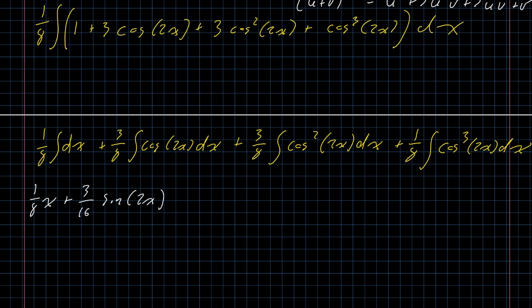The third integral, we have cosine raised to an even power. So we're going to use the power reducing formula to simplify it. Again, luckily it's only the second power. So it's going to be 1 plus the cosine of 2 times 2x, which is 4x, all over 2.